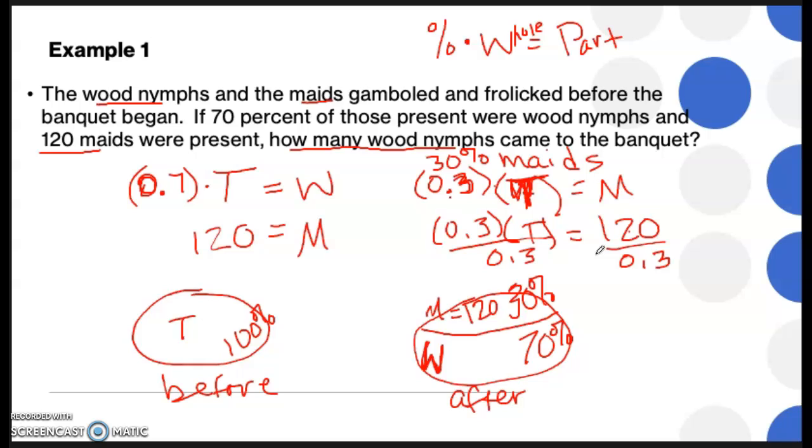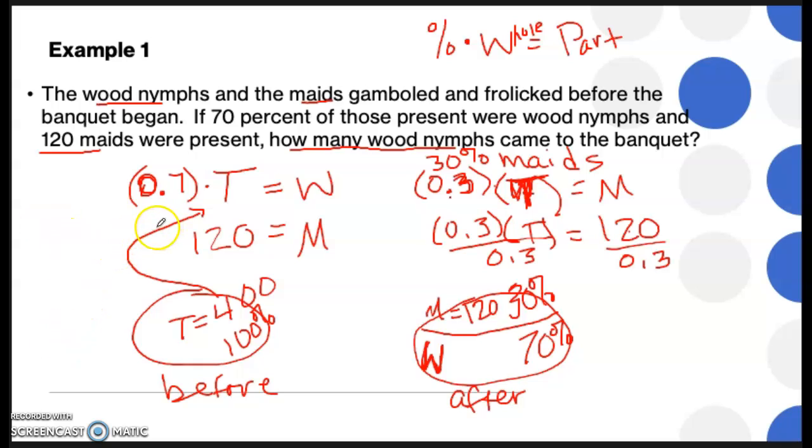What is my total? So my total, if you take your calculator, 120 divided by 0.3 should be 400. Now that's not what the problem asked for, but I can take this total of 400 and use it in my old equation. Now I have one variable in that equation.